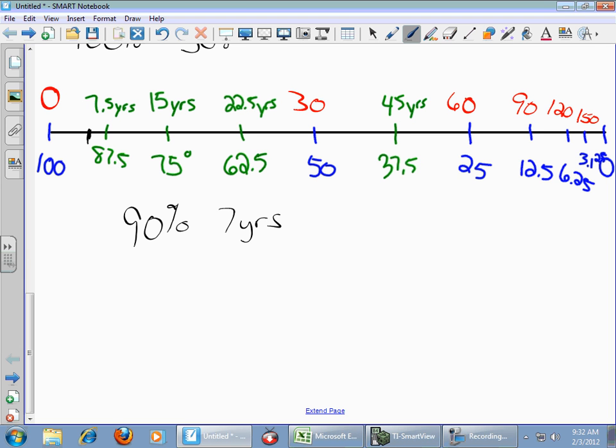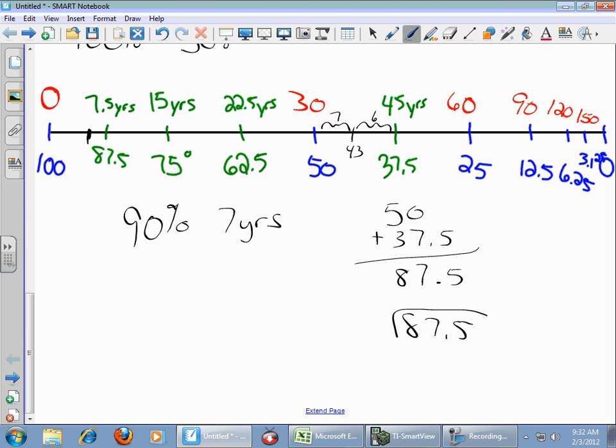Okay, if they asked me for one more in the middle, like say they wanted 43%, well, I know the distance here is 7, and the distance here is 6. I'm going to need a number in the middle of the two. Well, I'm going to take 50 plus 37.5, and then I'll take half of that. So 87.5, and I know my answer is going to be pretty darn close to 44.